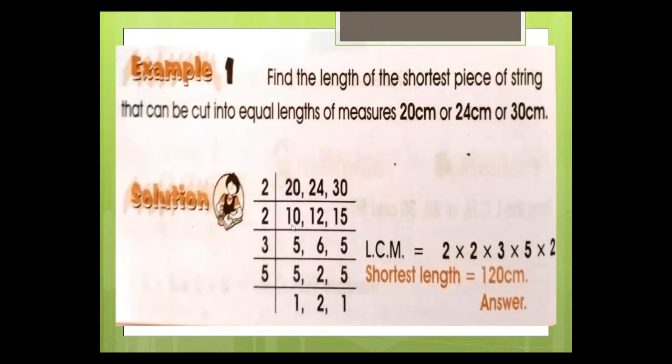If you divide 10 by 2, the answer is 5. If you divide 12 by 2, the answer is 6. And you don't divide 15 by 2, you take 15 as it is. Here is a mistake, I'm telling you again and again. You write 1 over here.